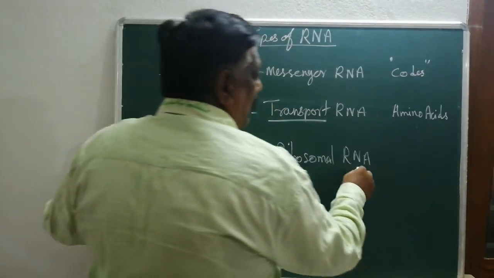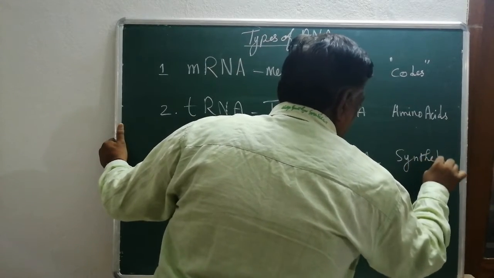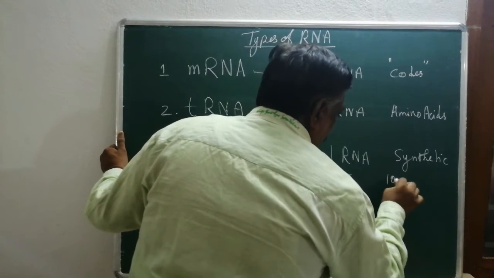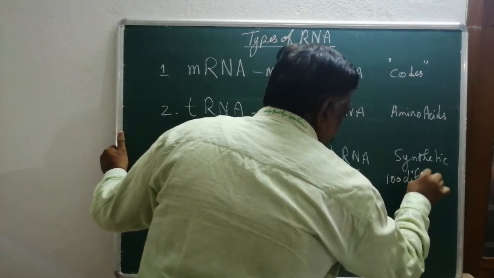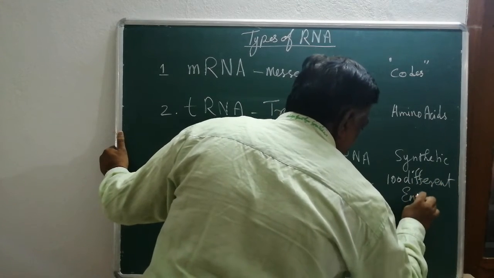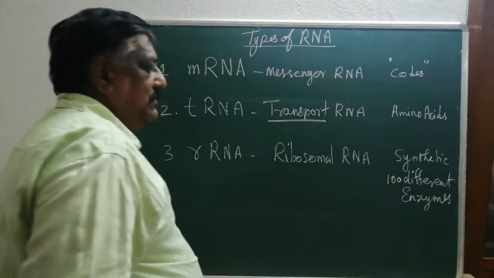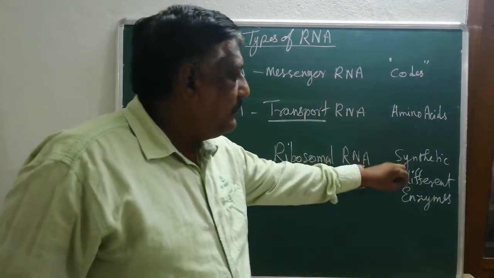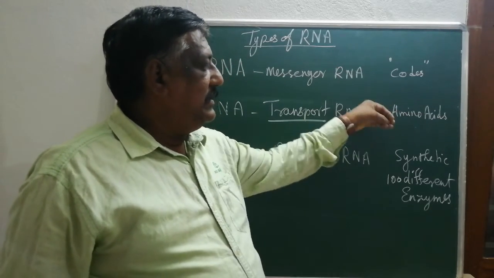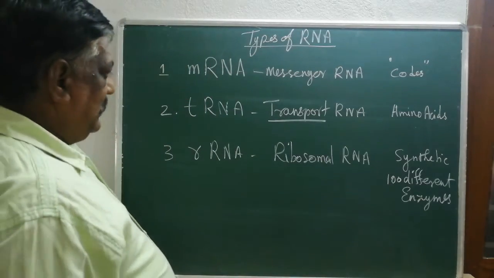And a ribosomal RNA is synthetic in function because it has around 100 different enzymes, which helps in bringing this amino acid combined with one another and makes a long chain of proteins.